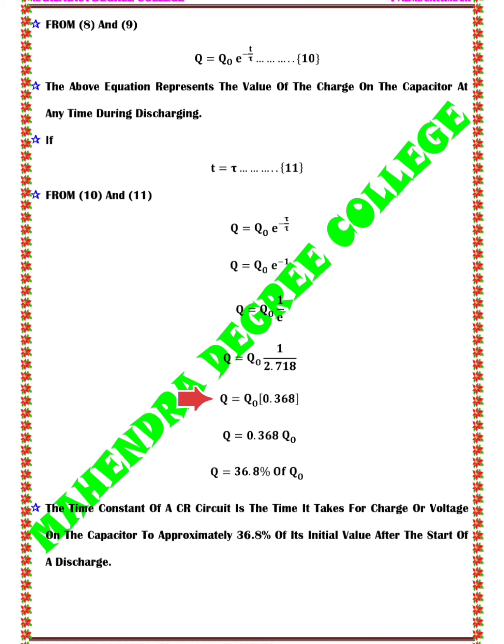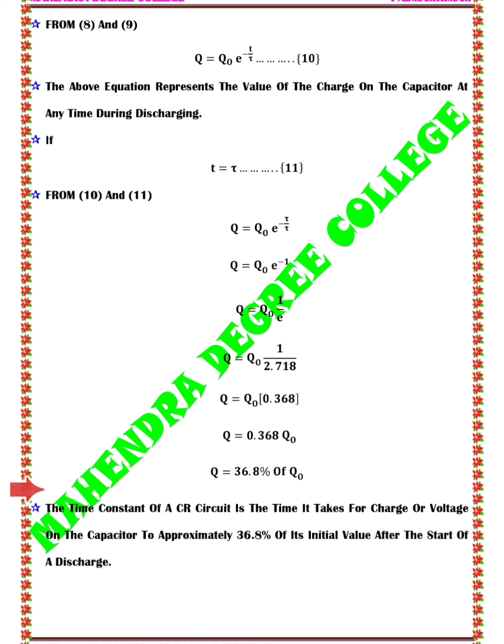So, Q equals Q naught times 0.368. Q equals 0.368 Q naught. It means Q equals 36.8% of Q naught.